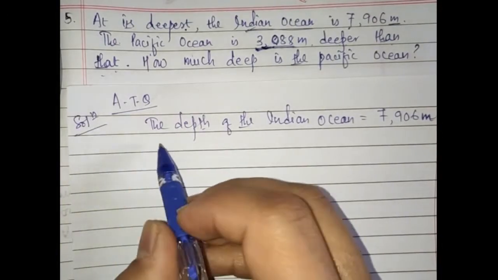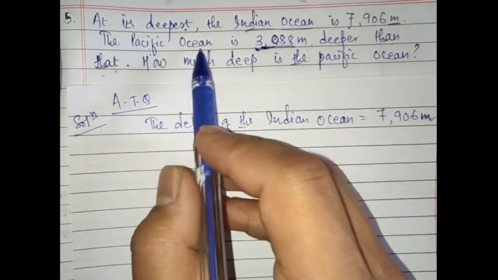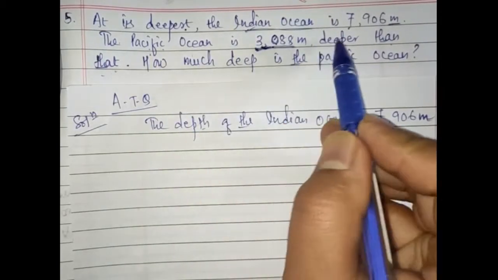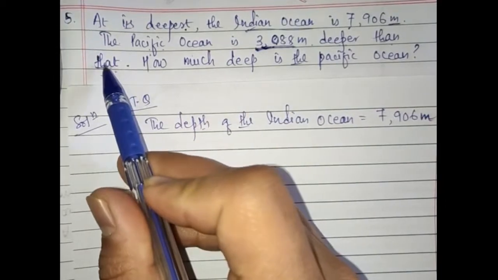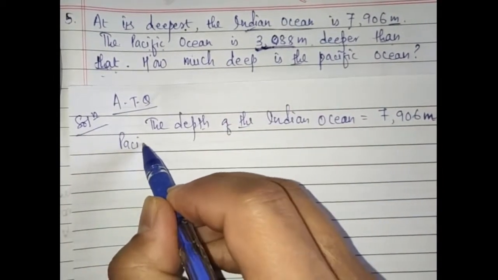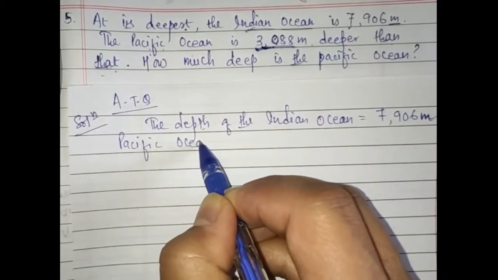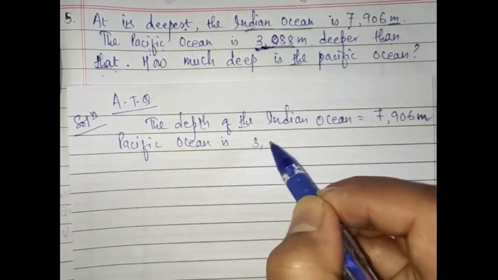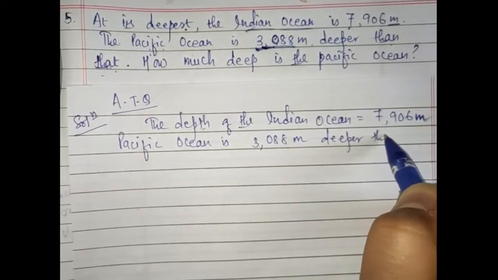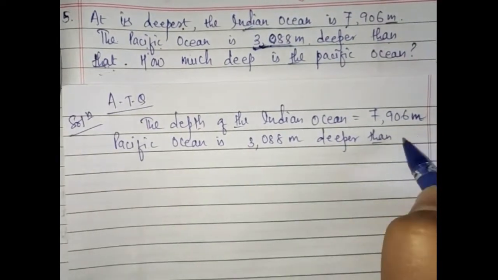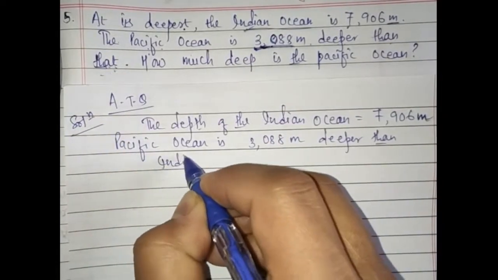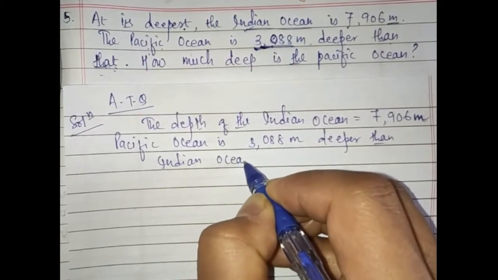So the next thing in our question is that the Pacific Ocean is this much deeper than the Indian Ocean. So the Pacific Ocean is 3,088 meters deeper than, I'm going to write here, the Indian Ocean, so that it will be more clear to you.